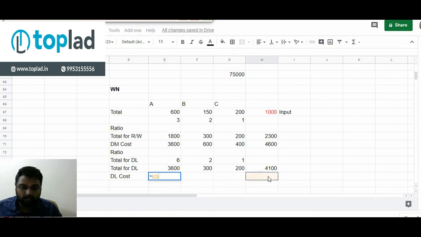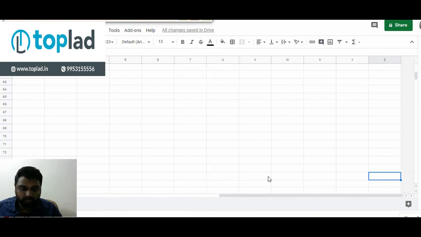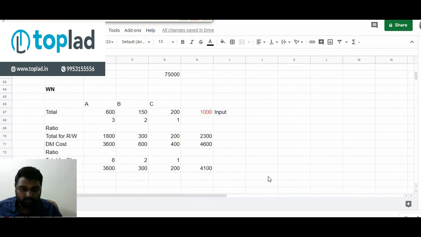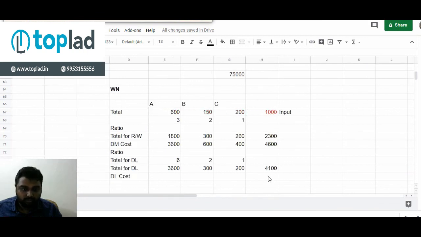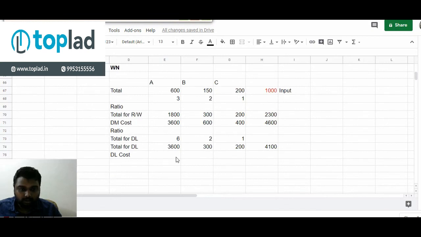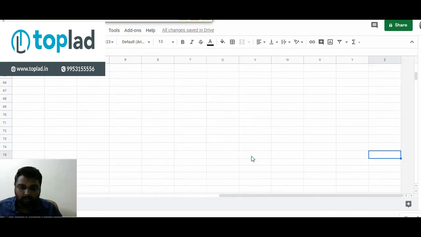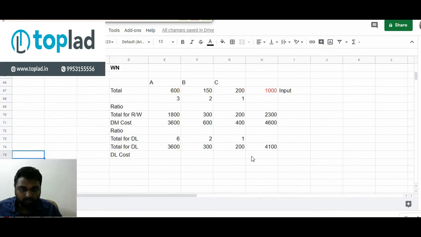Here we have to give the direct labor cost also 4,100. You can counter check. The same answer only.